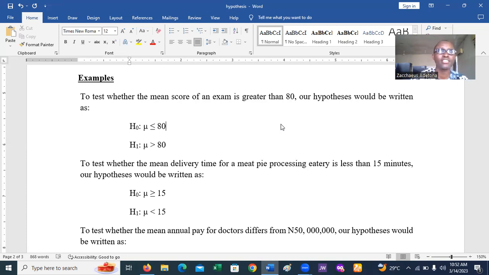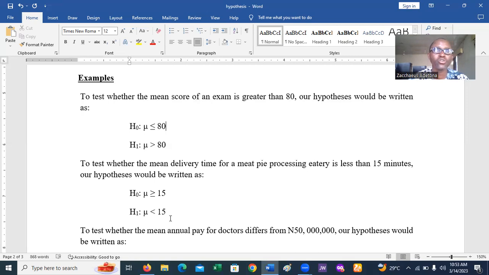So H0: mu greater or equal to 15 minutes. And then alternative H1: mu less than 15 minutes. You could see that in this situation, all the available values have been covered from 0 to 15 and above 15. Now that is the proper way to formulate this hypothesis.